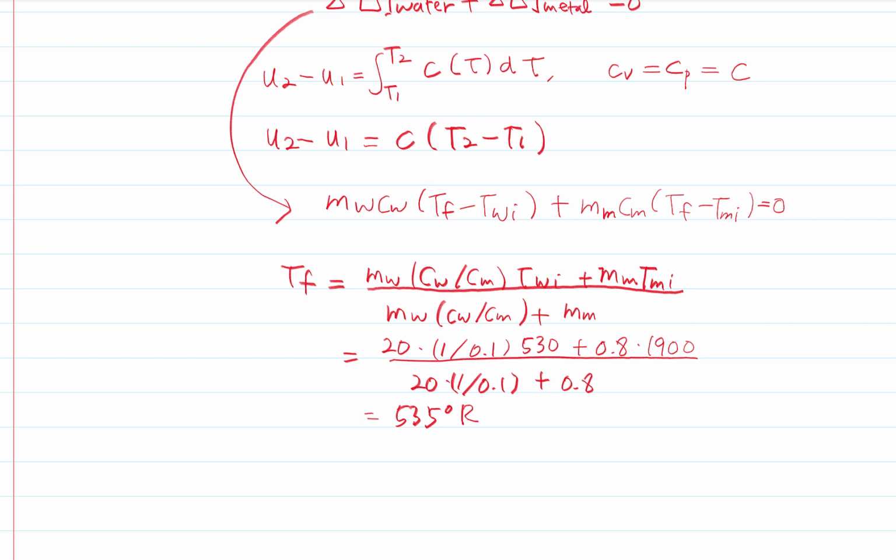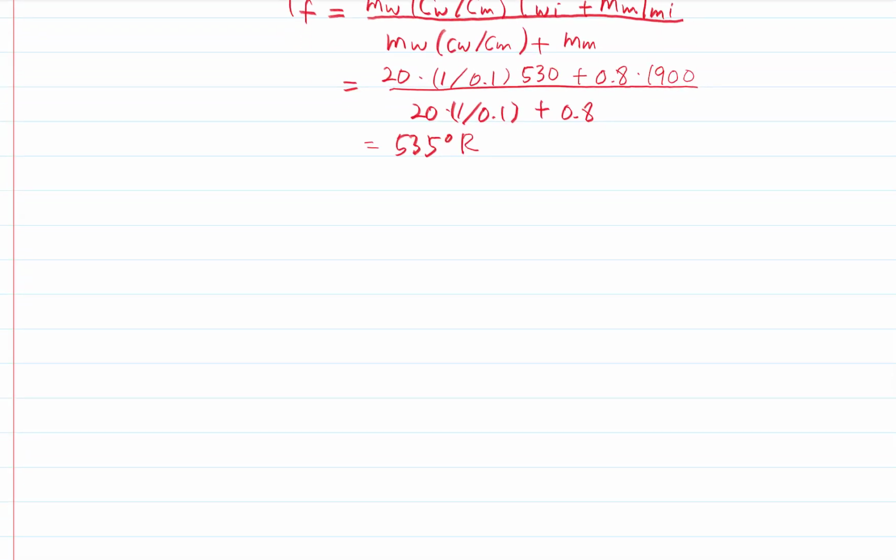We also need to determine the amount of entropy produced during the process. So the entropy generated during the process can be determined by applying the entropy balance on the system. So we write the entropy balance equation. Since it's an isolated system, delta Q over T drops out. So the entropy production is equal to the entropy change of the system.